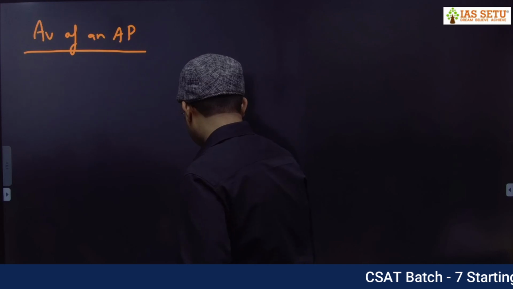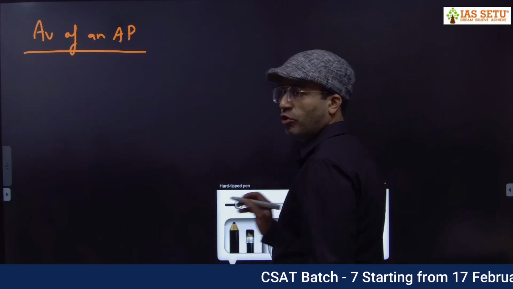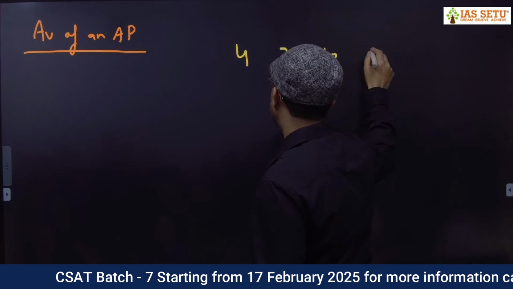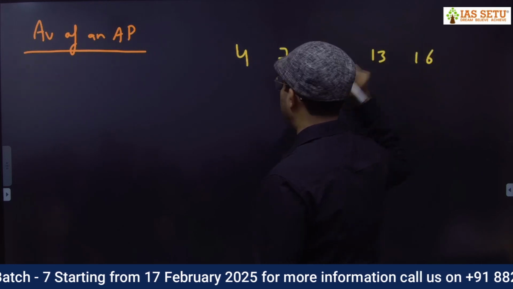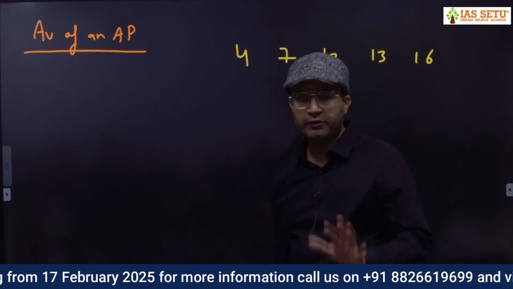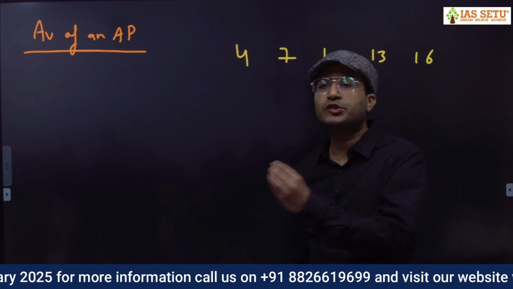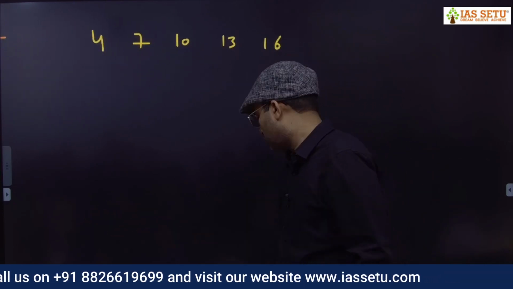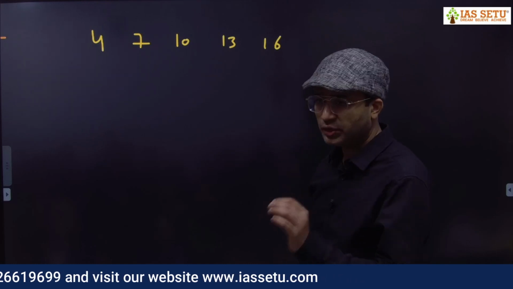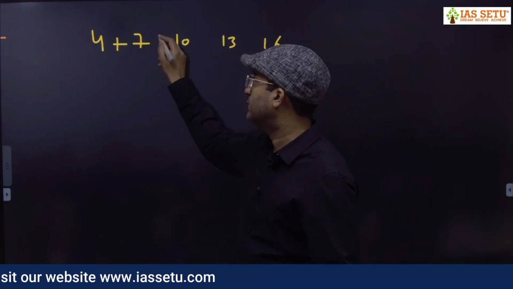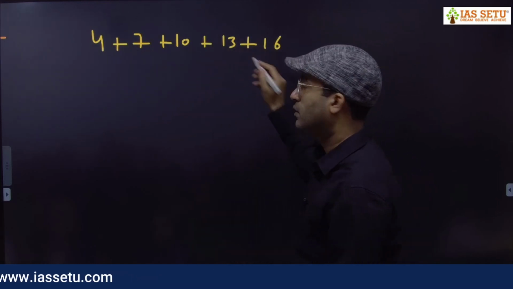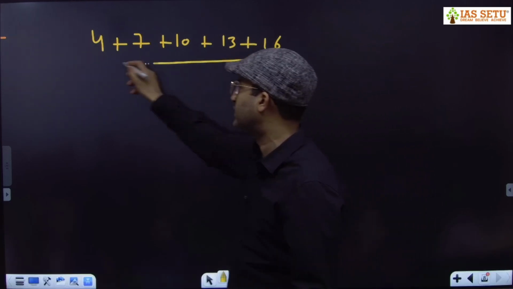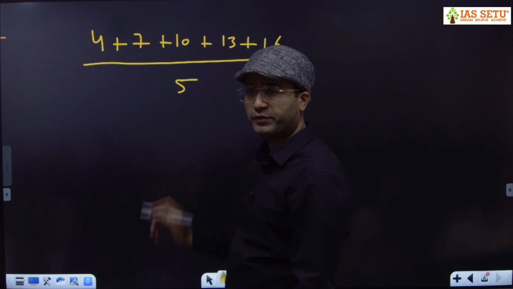Like, for example, this is 4, 7, 10, 13, 16. Okay, I give you this 5 terms and I ask you what is average of these 5 terms. So here one method is, you will say we will make total, like 4 plus 7 plus 10 plus 13 plus 16 divided by number of terms.